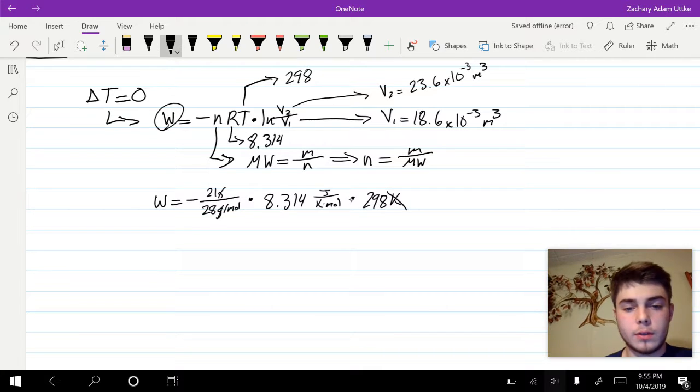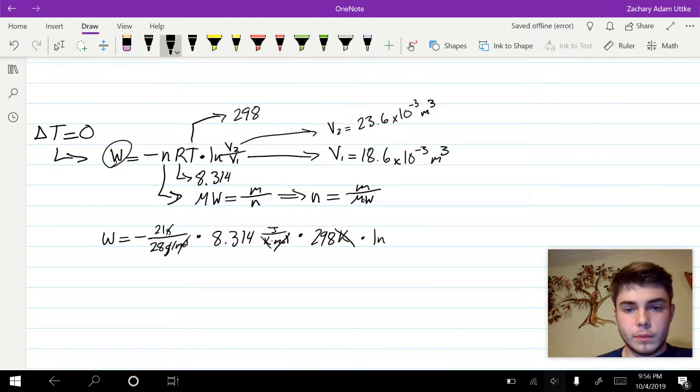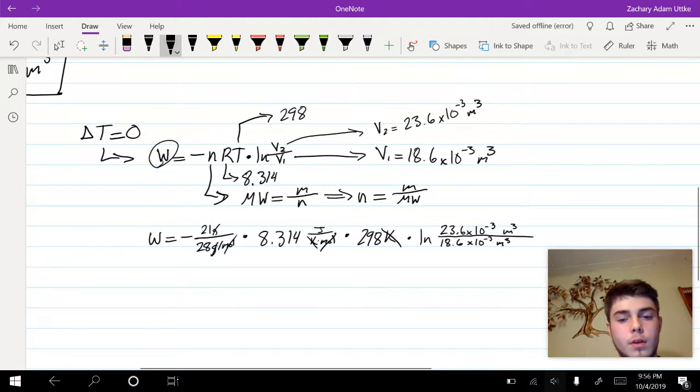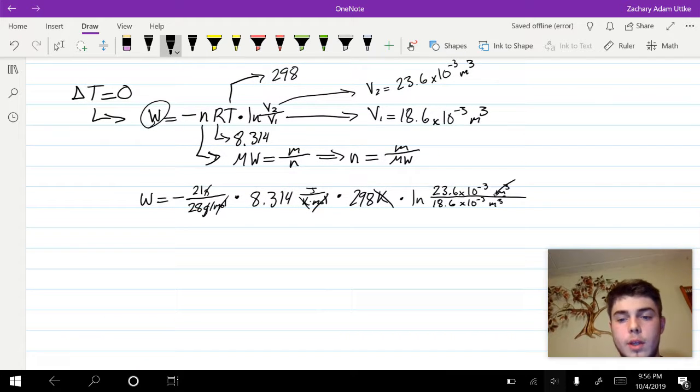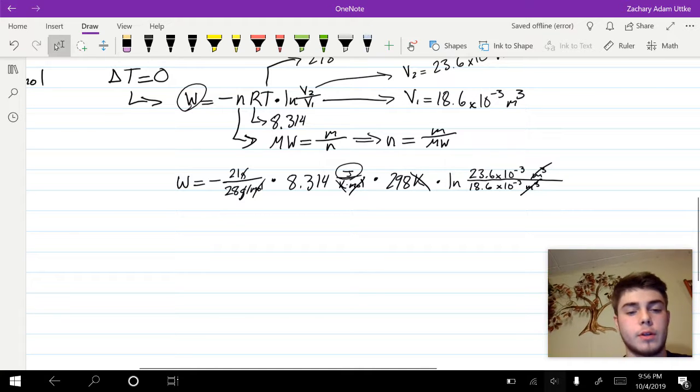We can see that Kelvin cancels here, and this moles in the denominator actually flips up to the numerator, and that cancels with these moles, times ln of V2 over V1, which is 23.6 times 10 to the negative third meters cubed divided by 18.6 times 10 to the negative third meters cubed. And these should cancel. So we're left with just joules, which is what work is measured in.